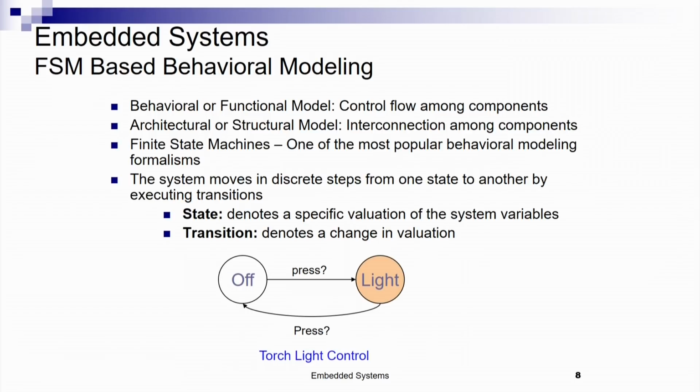So, off is a static state of the device, and then when you press the button, it takes you to another static state, which is light, that the torch is now glowing, and when you press it again it takes you back to the off state. This is a very simple example, but it tells you what is the essential idea behind modeling of the functionality of a system using state machines.